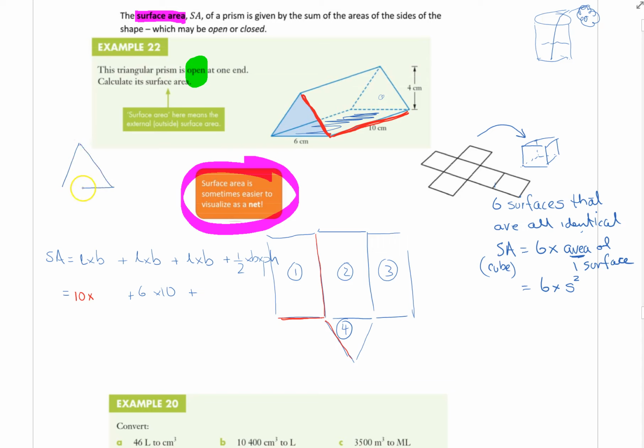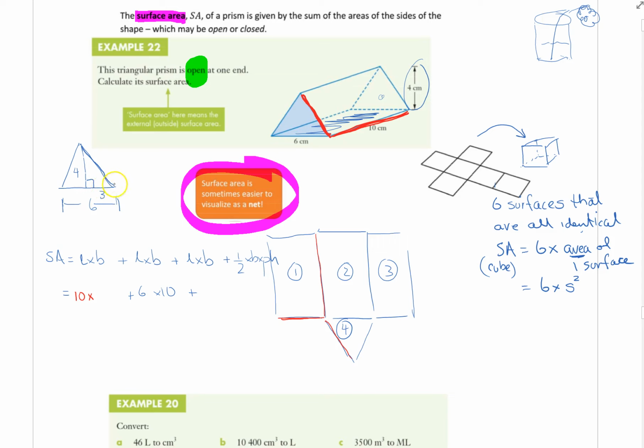I've got this triangle. This entire side is 6. I know the height is 4. And I want this side. If I'm thinking Pythagoras, I know I need a right angle triangle. I've just identified that this whole side is 6, so this smaller side, or half of it, in that triangle will be 3.